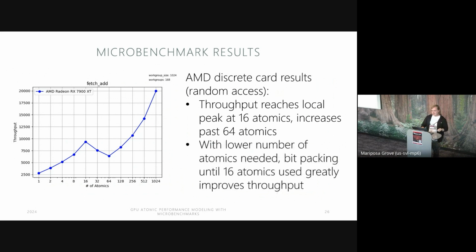But what this tells us is that if you have a lower number of atomics that you need on these GPUs, maybe you should just bitpack your atomics. If you have a thread access pattern that's sufficiently complex enough to be represented by randomness, then maybe you just want to bitpack your atomics together until you have only 16 that they're accessing. Or maybe you have way more than that, and you want to just spread them out as much as possible because your throughput's going to get better.